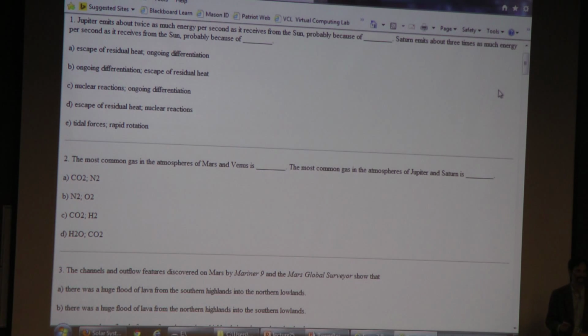So it's A. In the case of Jupiter, it's escaping residual heat, and in the case of Saturn, it's this ongoing differentiation, which we also call the helium rain.